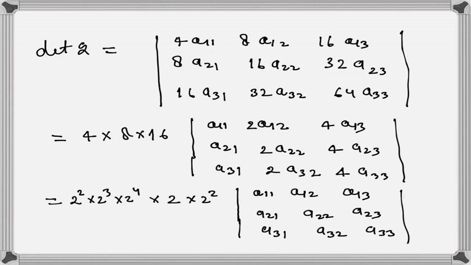This is the determinant of P, right? 2 to the power 2, 3, 5, 9, 10, 12 gives 2 to the power 12 into determinant of P, and we know that determinant of P is 2. So determinant of Q is 2 to the power 12 into determinant of P, which is 2, equals 2 to the power 13. So this is the final answer.